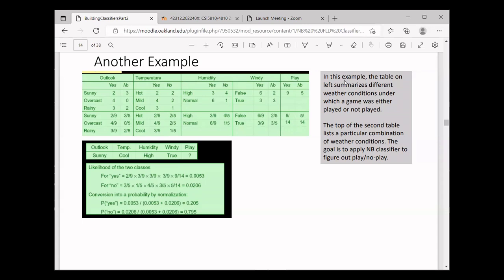So again, you can apply the Bayesian classifier here. To do that, first you need to calculate the conditional probabilities and then plug in the formula to get the result. All right. So if you look at the bottom box in the slide at the left-hand side, that's where the conditional probability calculations are being shown, as well as the posteriori probability calculations are being shown.